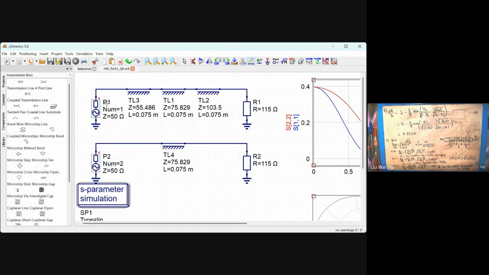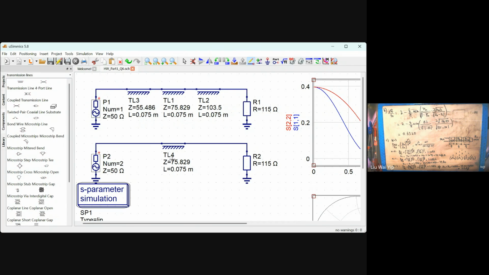And the lower diagram belongs to part A of the question. I have used only one section of the quarter wave transformer, and the load impedance is 115 ohm. The source impedance is 50 ohm.